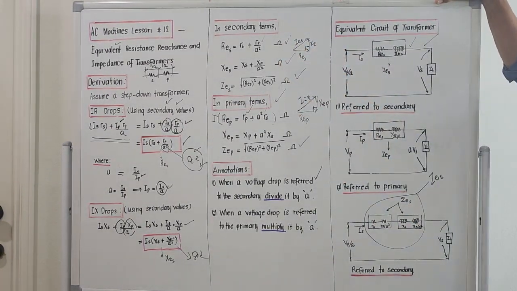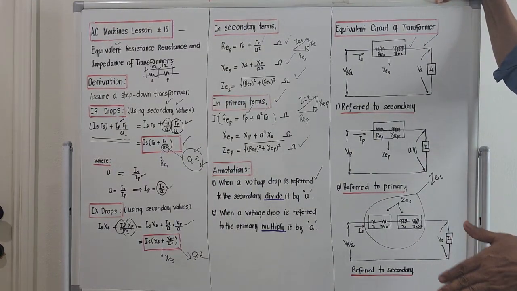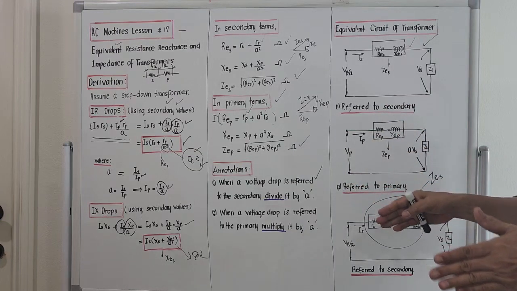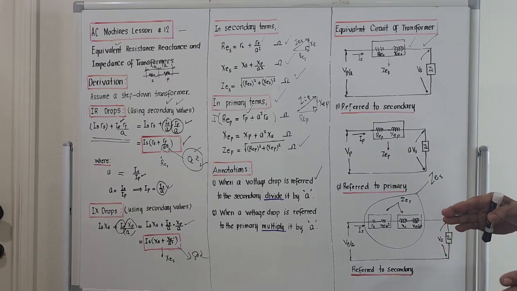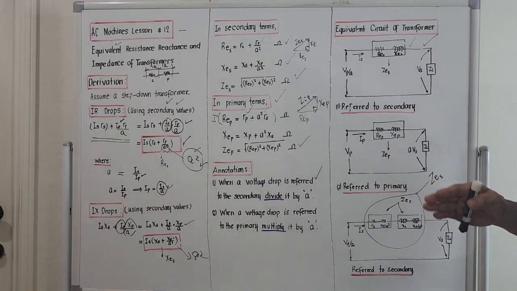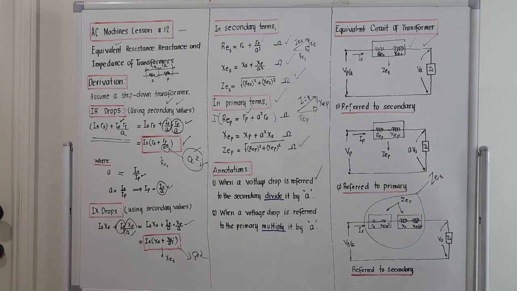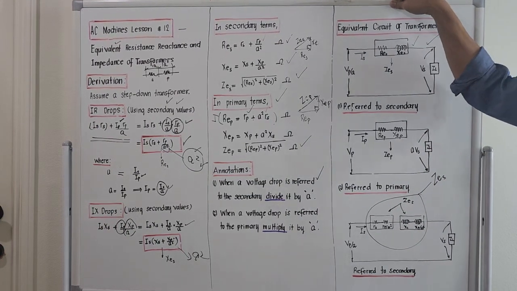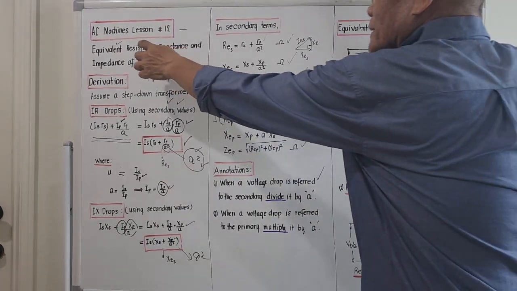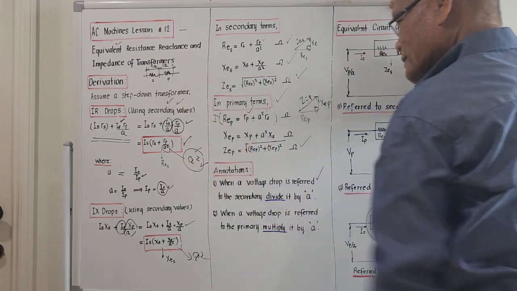So maybe in a given problem on a transformer, the equivalent resistances and reactances for both the primary are given. So in the computation of the so-called voltage regulation, that may be our next topic, we should include those voltage drops from the RE and XE equivalents. So our topic for tonight is actually the equivalent resistance, reactance, and impedance for transformers.